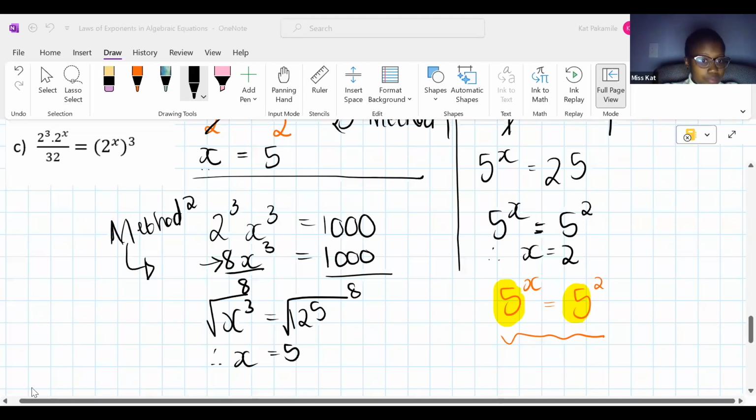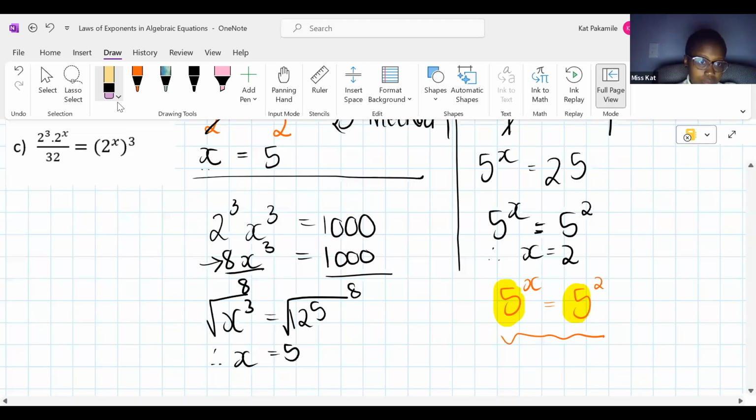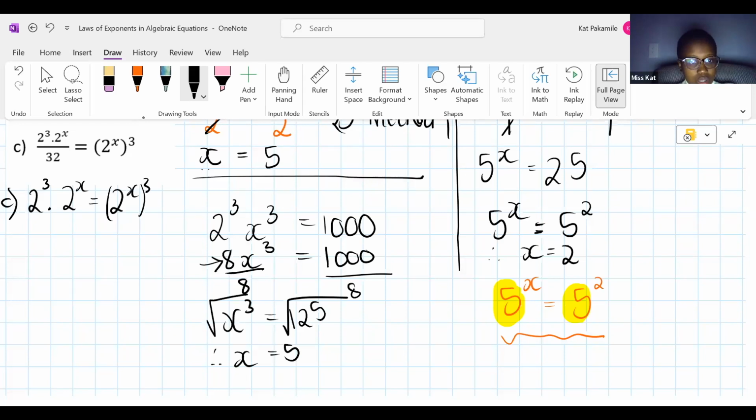Okay. So ma'am, I think the first thing you're going to do, you're going to multiply both sides by 32. So then we're going to have 2x equals 2 to the power of x 3 times 32. Okay, then what?